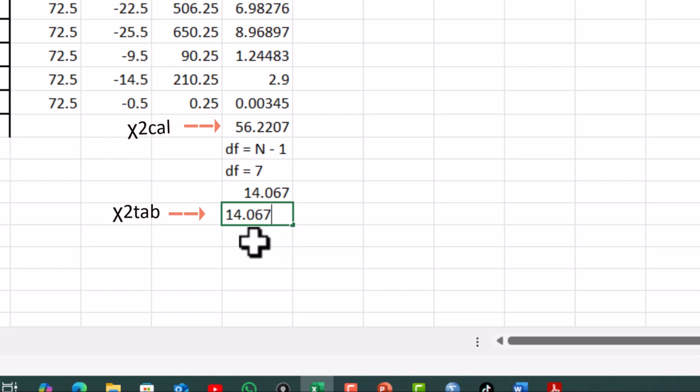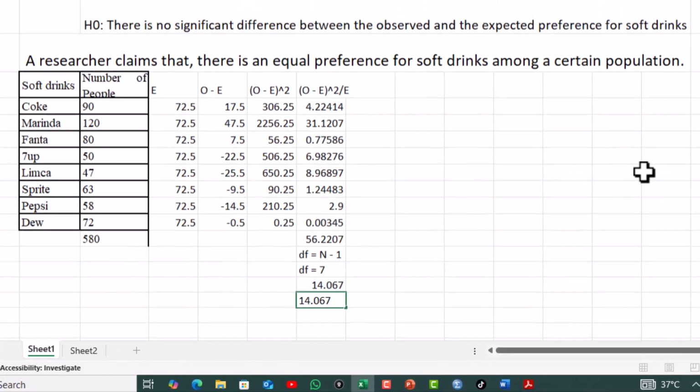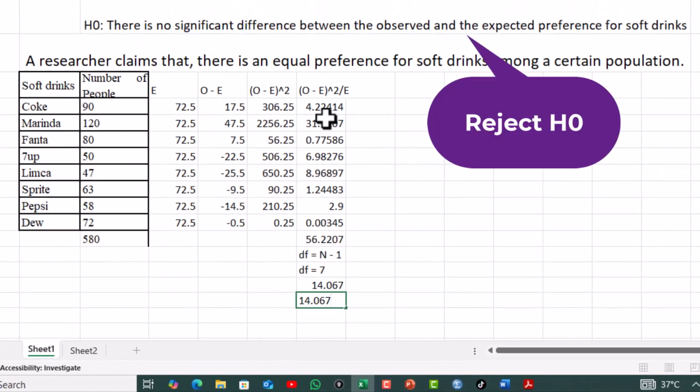Now we compare our chi-square tabulated with our chi-square calculated. Since our chi-square calculated is greater than our chi-square tabulated, our null hypothesis will be rejected.